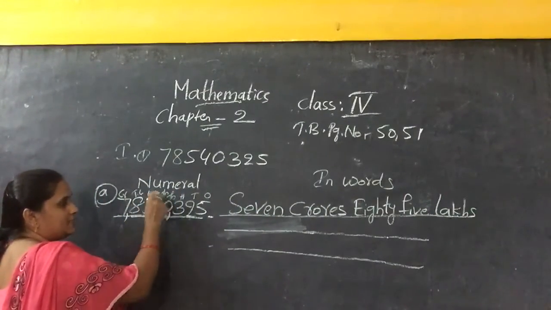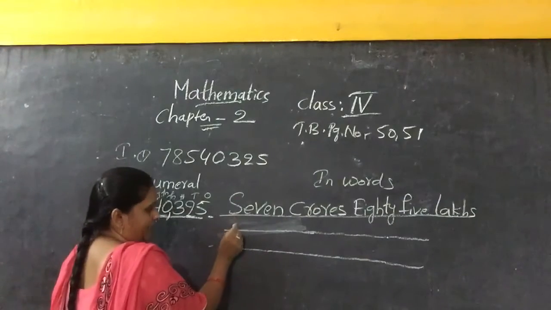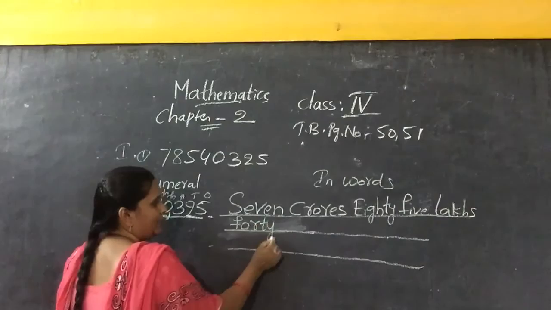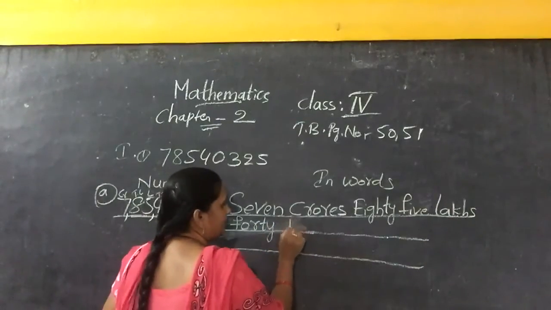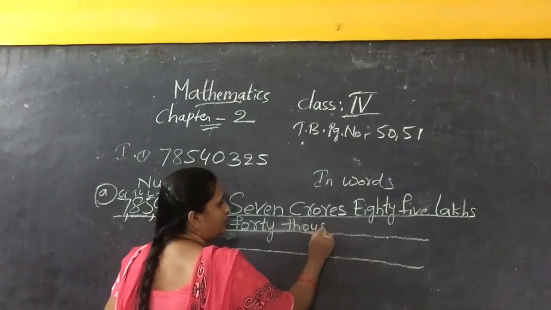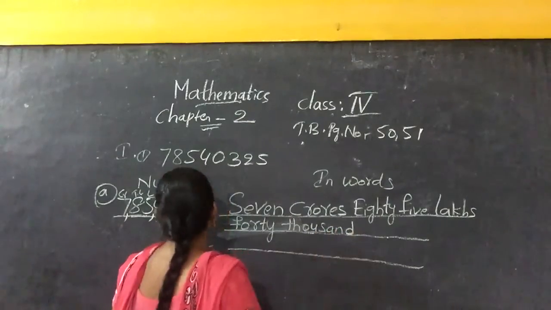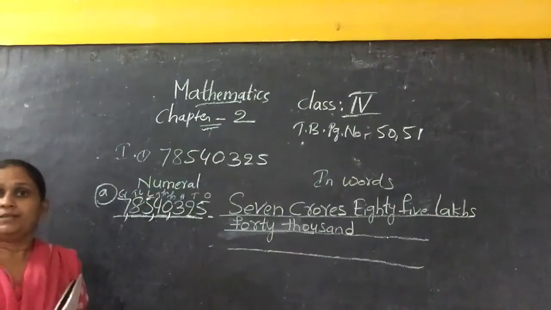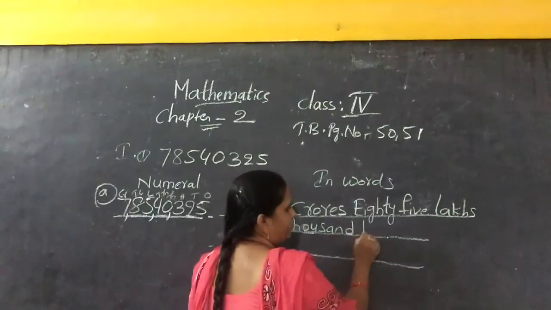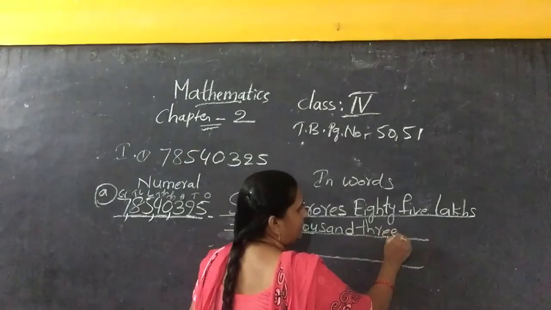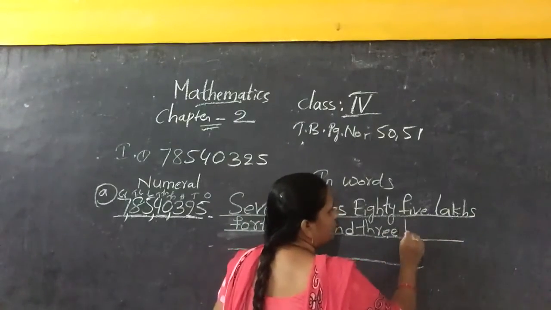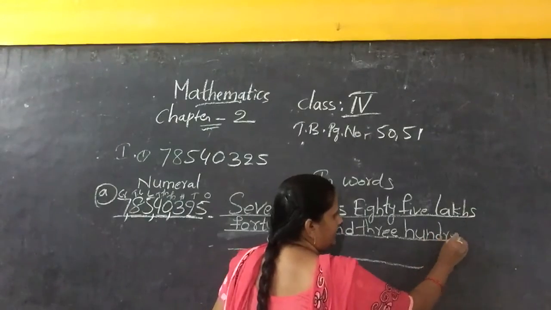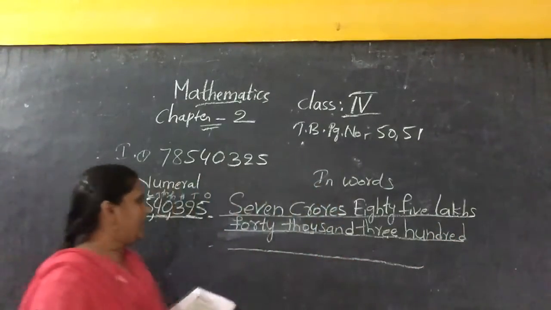And after that 40 is there. 40 is in which place? Thousands place. So write down the 40 spelling: F-O-R-T-Y, 40,000, T-H-O-U-S-A-N-D. Then what is in the hundreds place value? 3 is there. So write T-H-R-E-E, 3, in the hundreds place: H-U-N-D-R-E-D, 300.